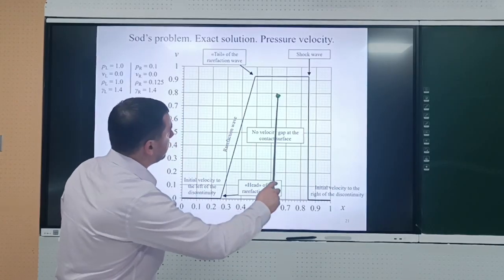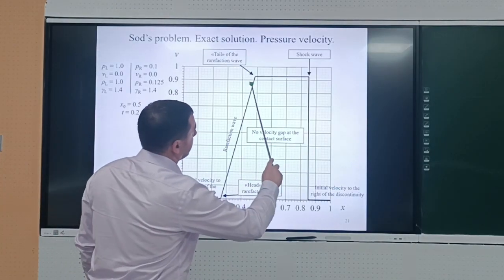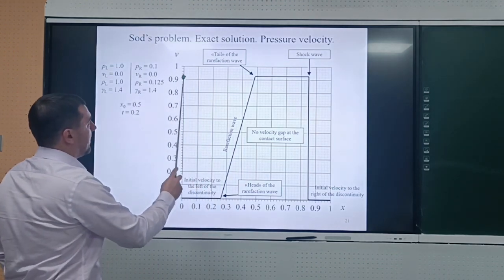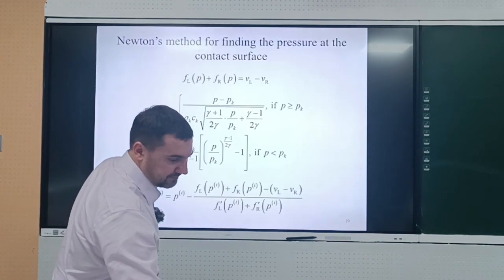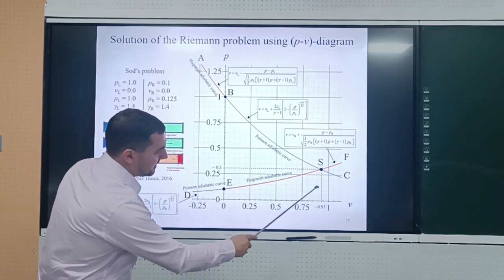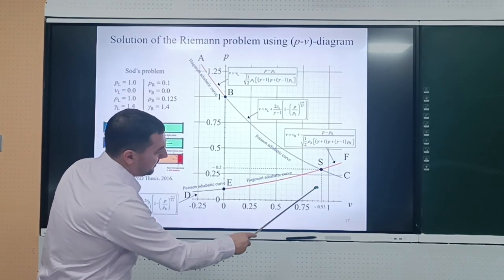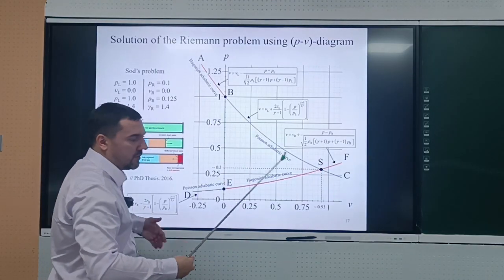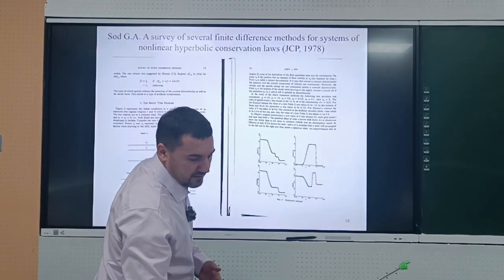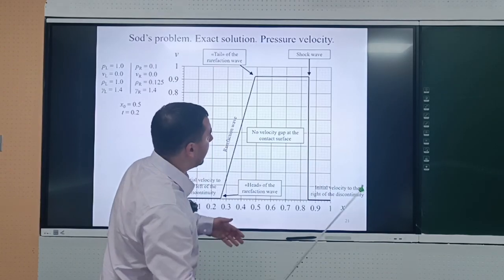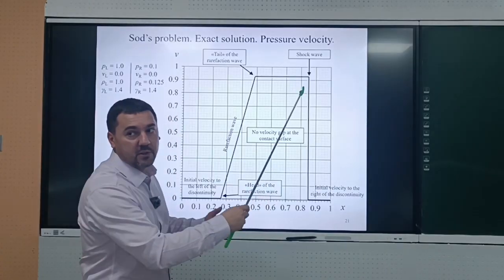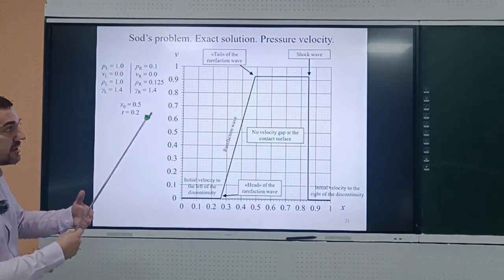And in contrast to density, you can see there is no gap in velocity. And you can check this value. It's about 0.93. It's just the same as here. So we have found the velocity of the contact surface, and this velocity is just the same as the velocity of the media itself. So the contact surface and the gas itself, they both move with the same velocity. That's why it's a contact surface.